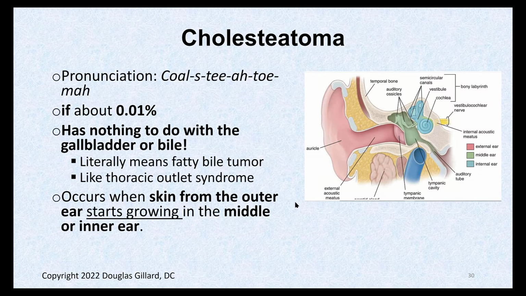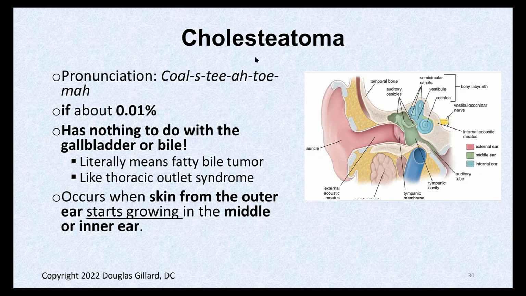Okay, let's talk about a couple of diseases, and then we'll call it a quarter. So, cholesteatoma. This is the weirdest word. This is like thoracic outlet syndrome, when the problem is not at the thoracic outlet, it's really at the thoracic inlet. This is another kind of brain fart, I think, when they named the disease.